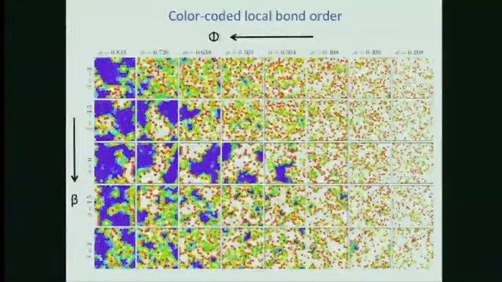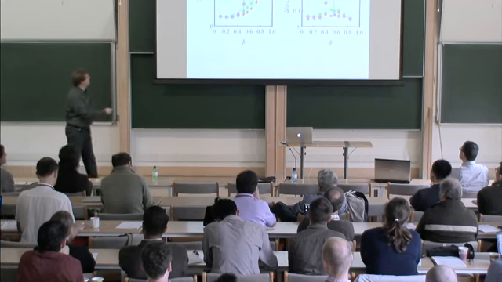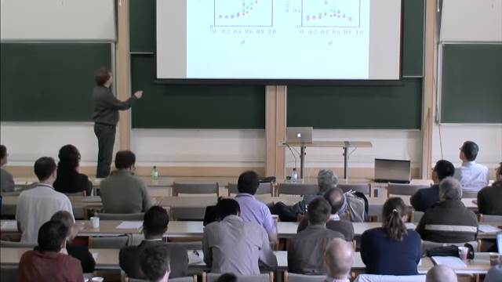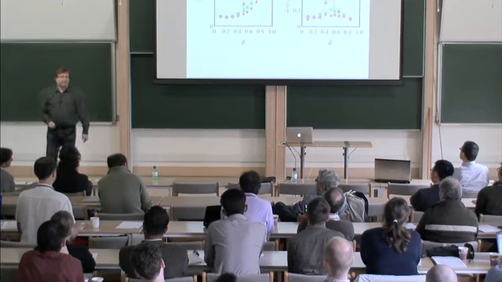You can make this more quantitative by looking at the order parameter Q6 squared, averaged over the whole sample and over different time steps. Here at beta equals 0, you see a typical sigmoidal shape of our order parameter, and here is the onset of the phase separation, whereas for the large betas you just have a smooth transition of the Q.